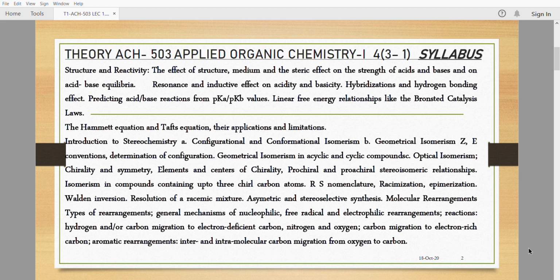Then the most important topic, which is considered to be very difficult by organic chemistry students, they think of stereochemistry as a Hawa, a bogeyman. They consider it difficult because it is conceptual, and most of the students face problems due to difficulty in understanding the concepts.